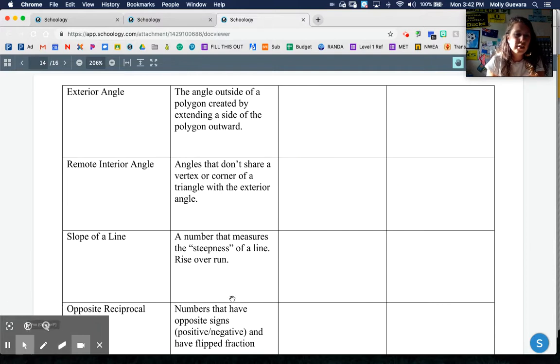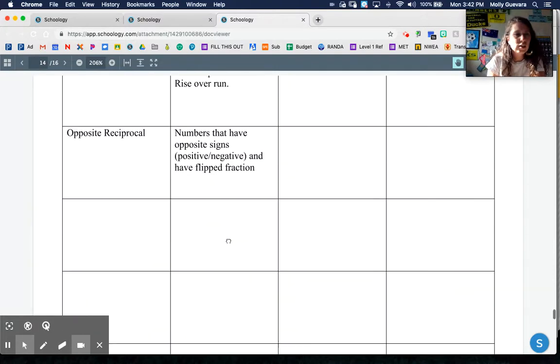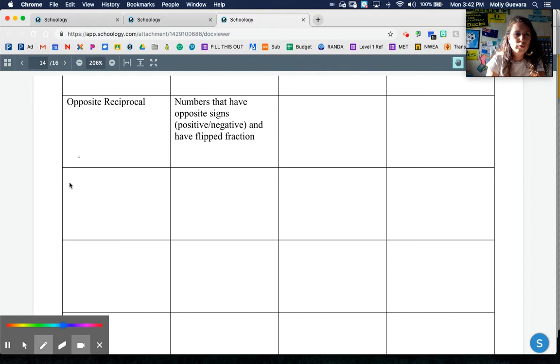The only other thing that's not on here is just a regular interior angle. So if you want, we can add this in here. So these empty squares are for interior angle.